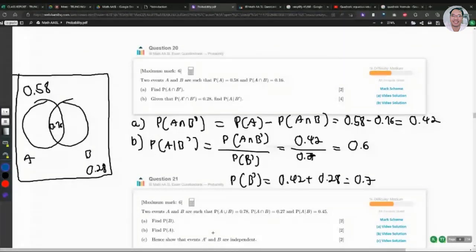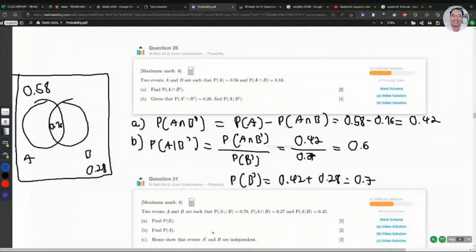Probability of not B is 1 minus the probability of B. And do we know the probability of B? 0.7. How do you get that? The probability of A given not B, the probability of not B. How do you know that the probability of not B is 0.7?